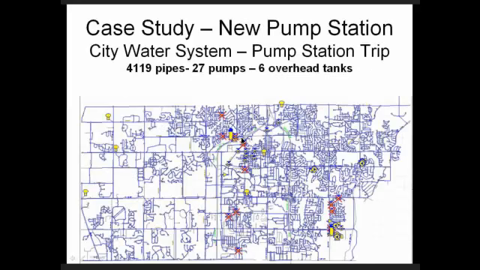Now here's sort of a case study. In fact, this is fairly recent. This is a city in Indiana, I think, and they were putting in new pump stations, and they were doing a surge analysis to see if they needed to protect them. I think they ended up putting in some fairly large surge tanks to protect them.